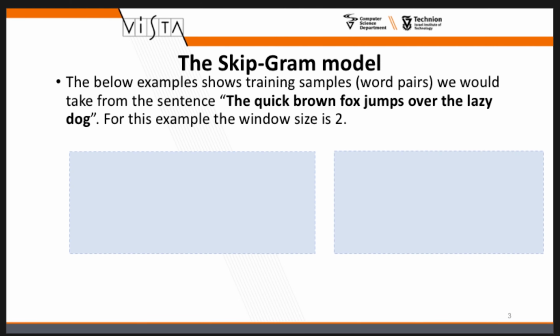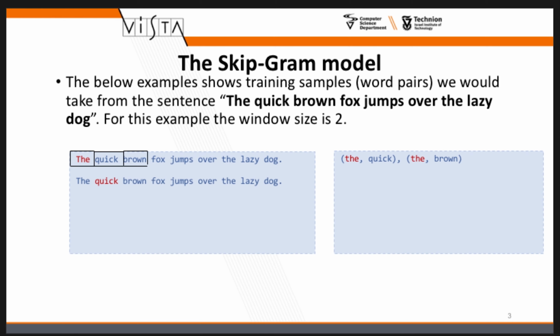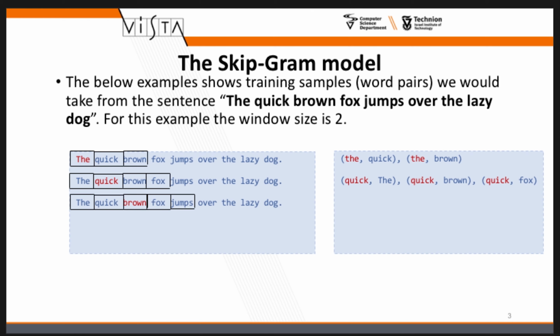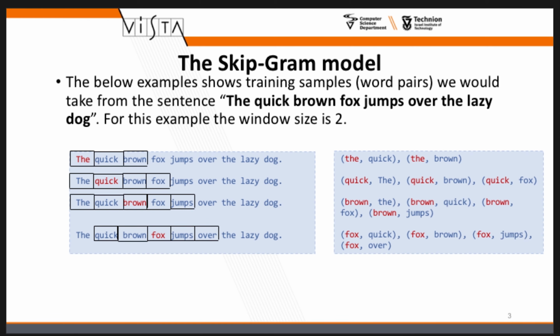So how does it work? For example, we have some words and pairs. This is our source: the quick brown fox jumps over the lazy dog. We have here the quick and brown, then another pair, and here we take another pair.